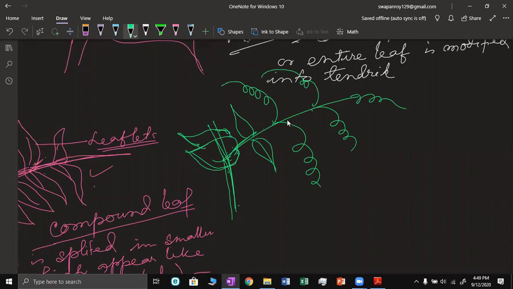But these leaflets, say one pair of leaflets and this terminal leaflet, have been modified into tendrils. So this is for climbing. This one is a climbing organ.